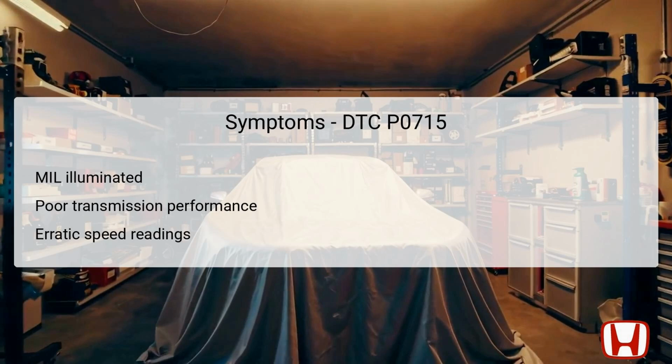Moreover, without accurate input from the speed sensor, drivers may experience erratic speed readings on the dashboard, which can create confusion and reduce confidence in driving measurements. These symptoms underline the importance of addressing the DTC promptly for both safety and operational functionality.